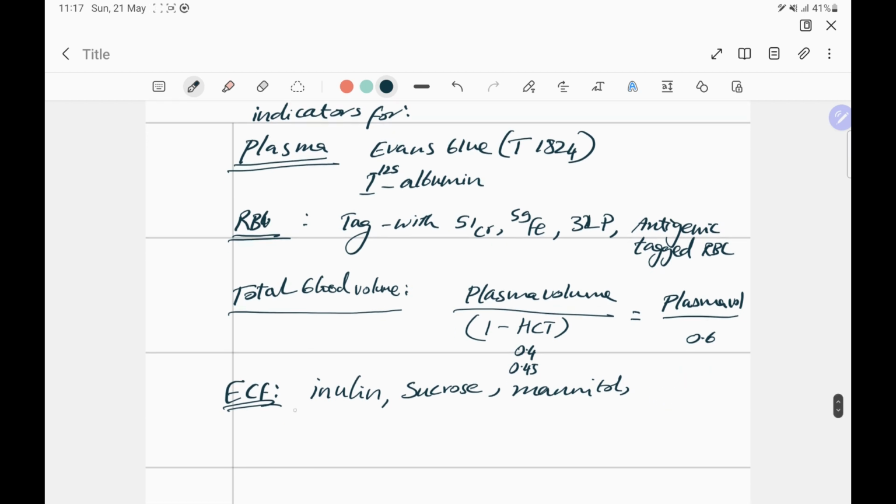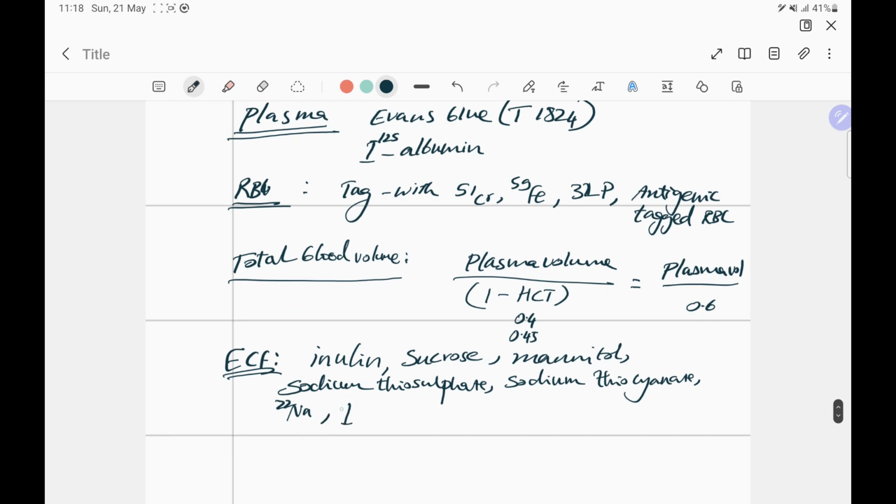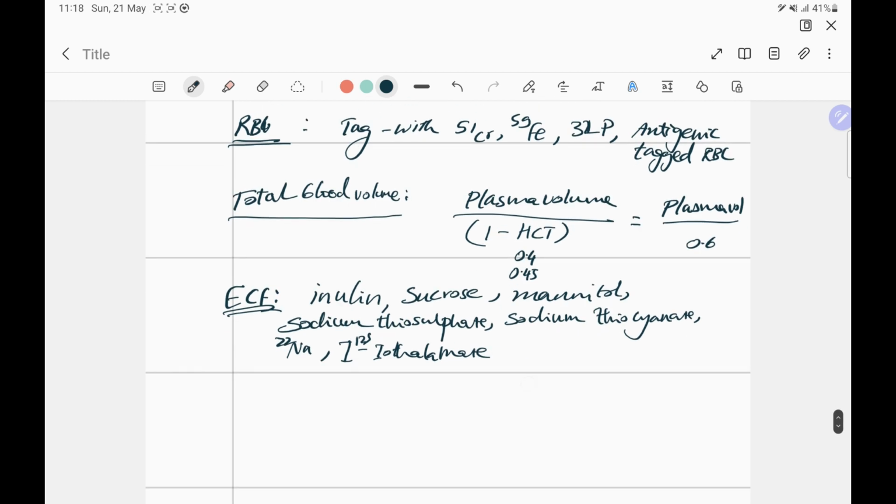Then you have other substances like sodium thiosulfate, and then you have sodium thiocyanate, or even isotopes of sodium with an atomic mass of 22. Iodine 125 labeled iothalamate. So these are all the indicators for ECF.